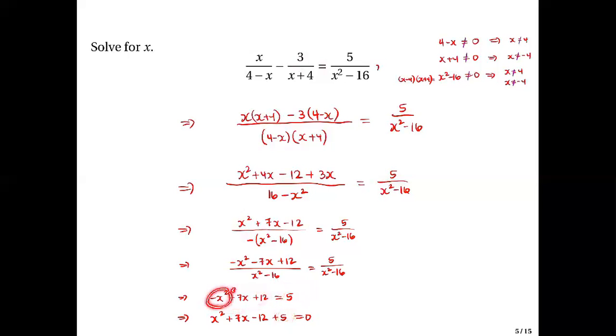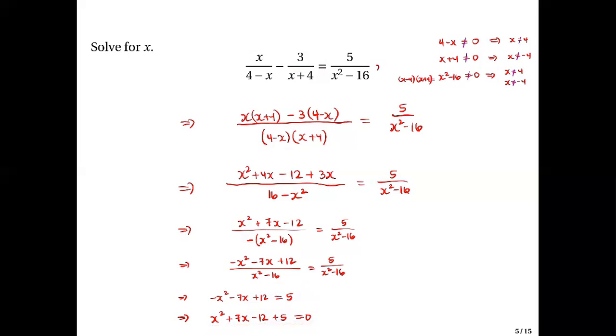Then this guy will go to that side. So it becomes plus x squared. This guy, put it on that side. That becomes plus 7x. This guy, we put it on the other side. That becomes minus. And then I use symmetric property. That's why we have this equation here.